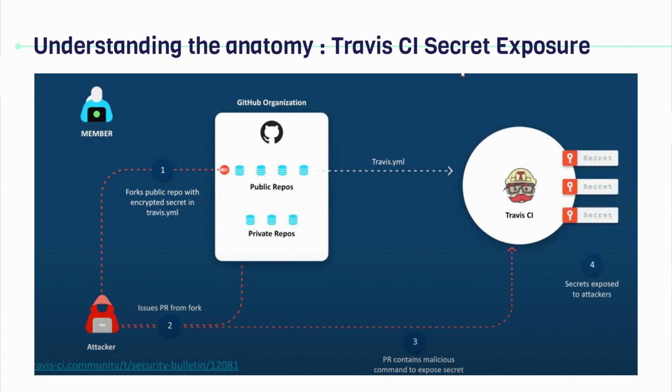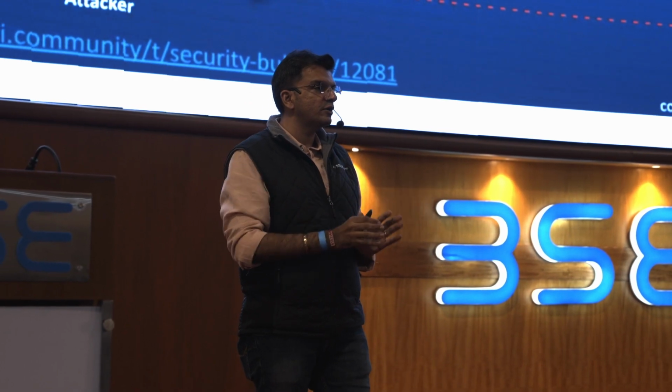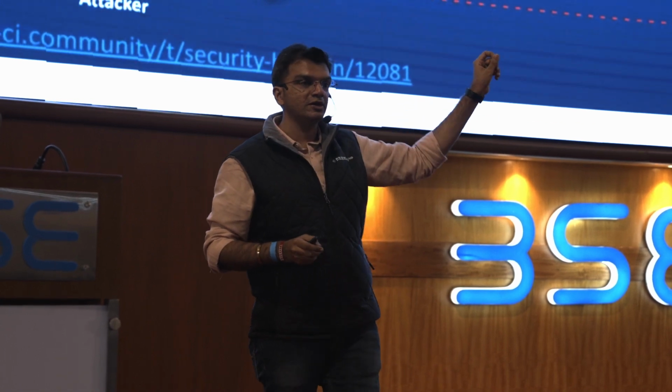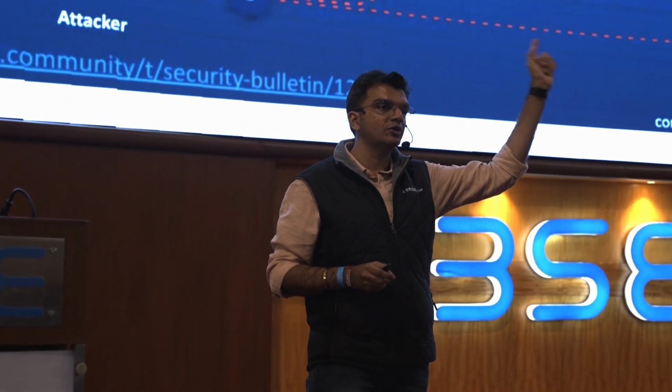When this happened, the PR contained malicious commands to expose secrets. They did not want Travis exactly to be compromised. They were not interested in Travis. They were interested in whichever secrets were there in Travis, they wanted access to that.